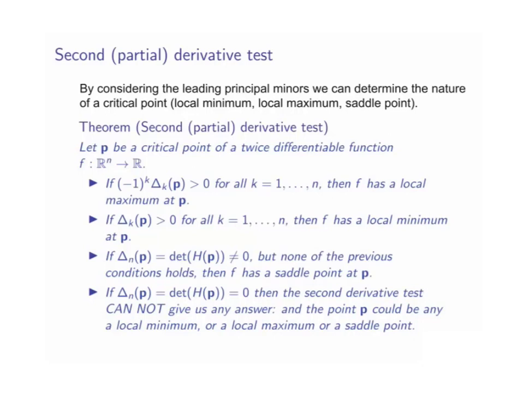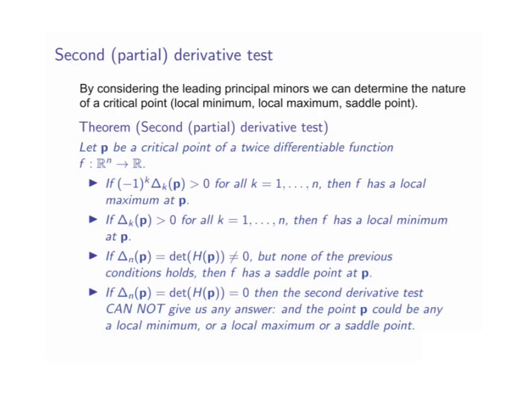It applies to a twice differentiable function with the critical point at P. First, for each of the delta K computed at the critical point P, if the product of its value times -1 to the power K is positive for all K equals 1 up to n, then f has a local maximum at the point P.